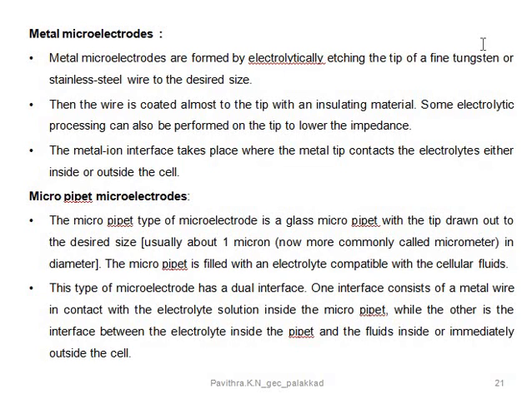One interface consists of a metal wire in contact with the electrolyte solution inside the micropipette, while the other is the interface between the electrolyte inside the micropipette and the fluids inside or outside the cell, that is body fluids. Okay, so that is about the micropipette microelectrode.